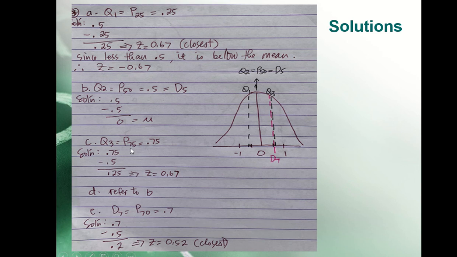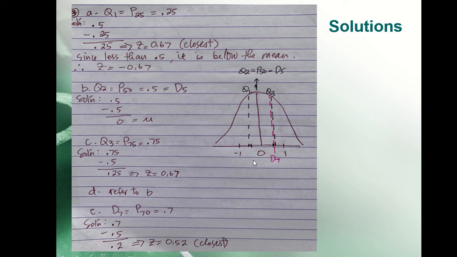So, tatlong 25, we obtain 75 divided by 100 is 0.75, greater than 0.5, so minus 0.5. The answer is 0.25. Bumalik na tayo dito. But this time, since 0.75 is greater than 0.5, dito naman sa kanan, which is 0.67. So, nasaan ang 0.67 dito?